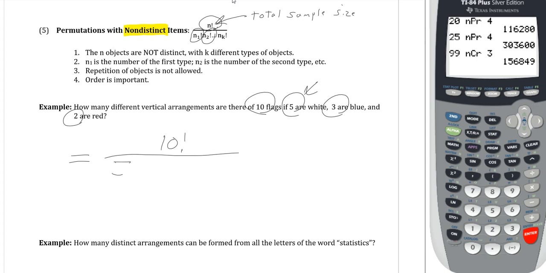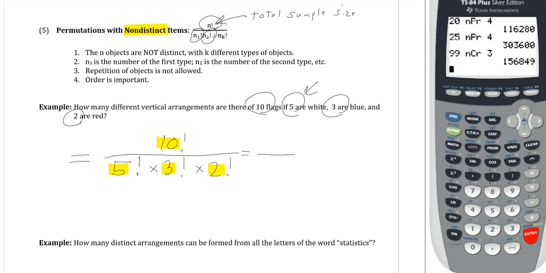For white flags, there are 5 of them, so 5 factorial. For blue flags, there are 3, so 3 factorial. And for red flags, there are 2, so 2 factorial. What I meant before for adding numbers together: 5 plus 3 plus 2 equals 10. So the numbers on the bottom should sum up to the number on top. If not, you're probably missing something.